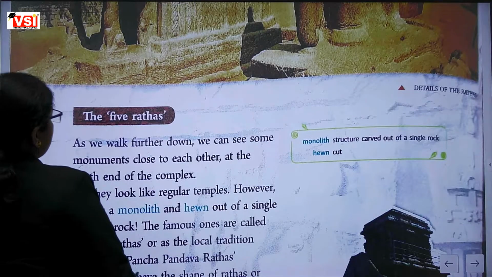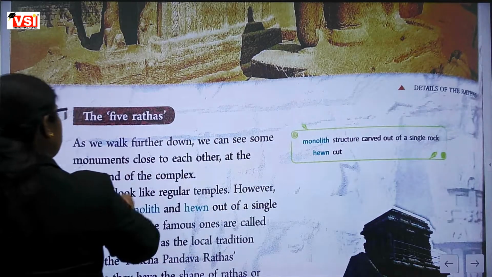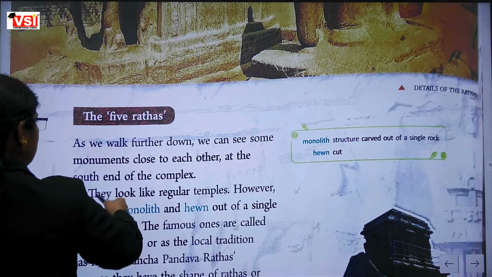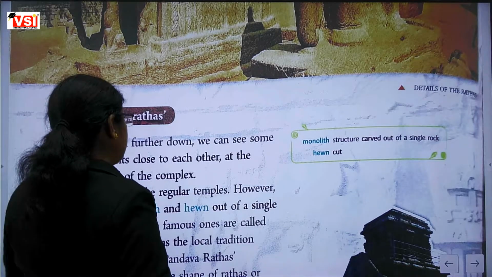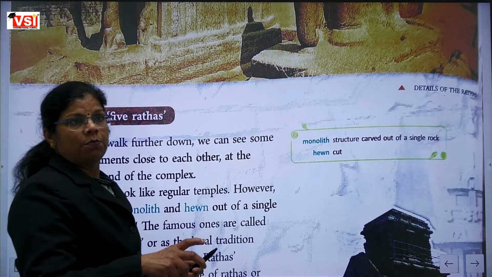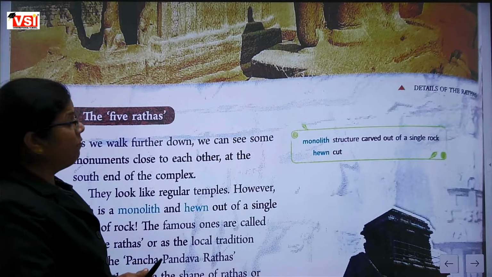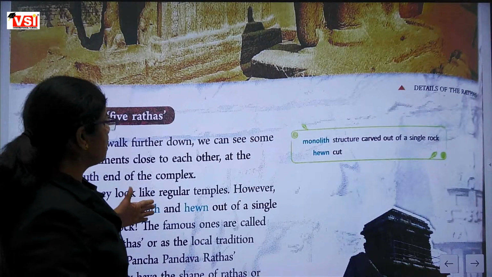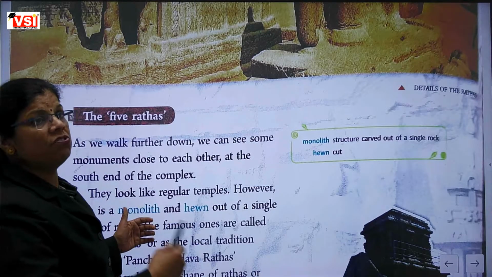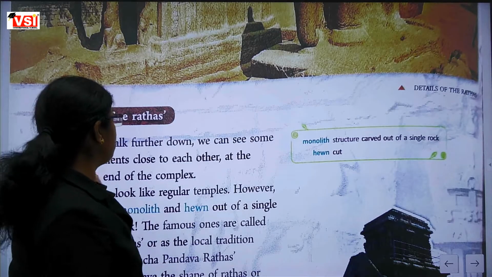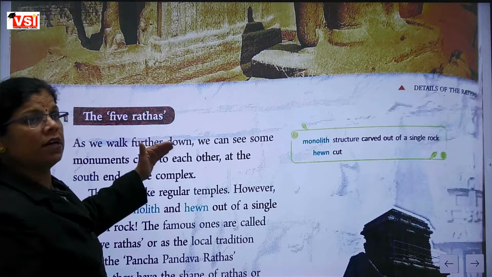As we walk further down, we can see some monuments close to each other at the south end of the complex. As we walk further in Mahabalipuram, when we cross the Rock Temple and the Mahishasura Mardini Rock Cave Temple, then we come to the Five Rathas Temple.